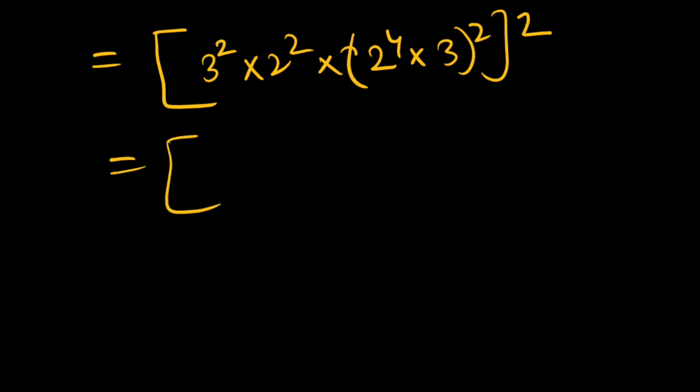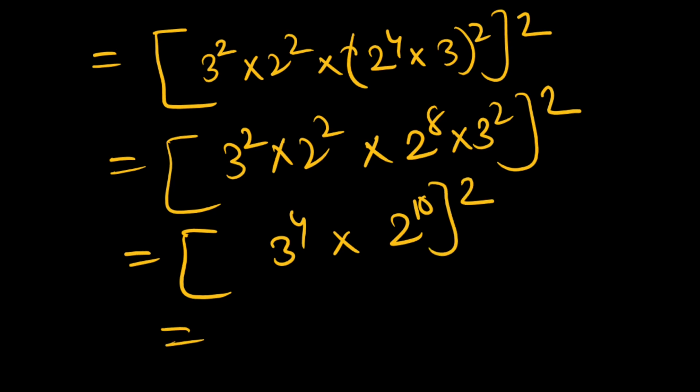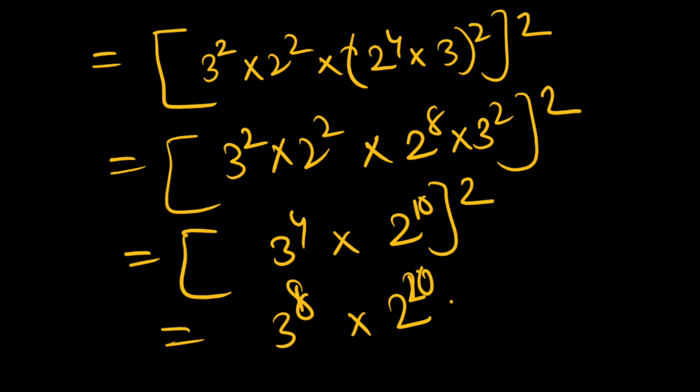If we simplify, 3 power 4 and 2 power 10. So that is 3 power 8 multiplied by 2 power 20. So we got this answer: this value is equal to 3 power 8 multiplied by 2 power 20.